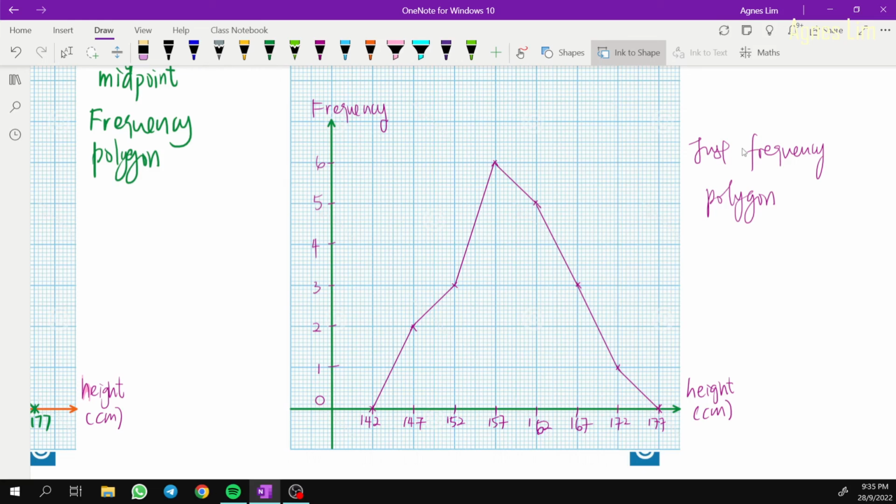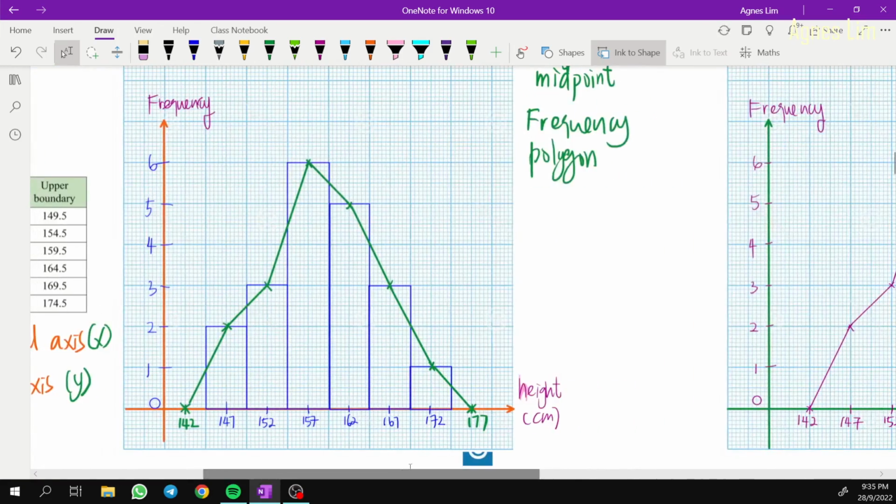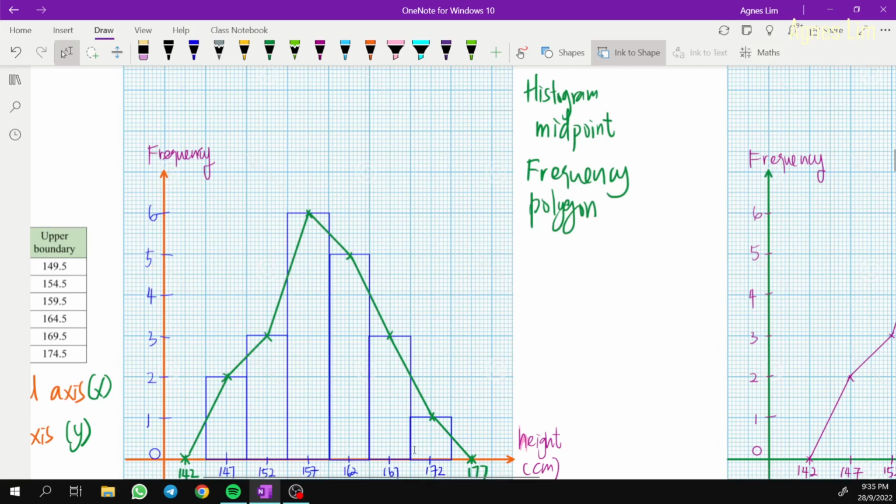If the question says draw a frequency polygon based on your frequency table, there's no word about histogram, so this is what you're going to draw. And if the question says draw a histogram and frequency polygon on the graph paper, or the wording may be draw a histogram, hence draw a frequency polygon on top of the histogram, you're going to use this graph.